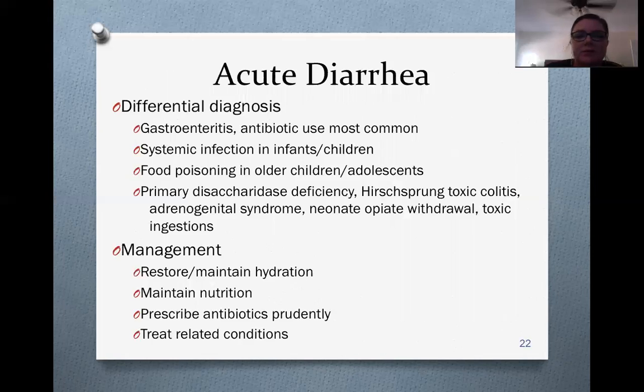So I wanted to just point out a couple different types of acute diarrhea. We know that food poisoning obviously is something that both adults and children can get. There are some bacterial infections that require antibiotics in children as well, and I have a slide that goes over that.